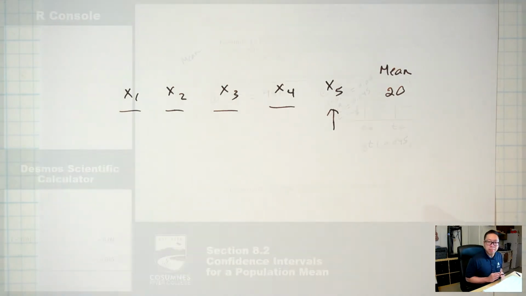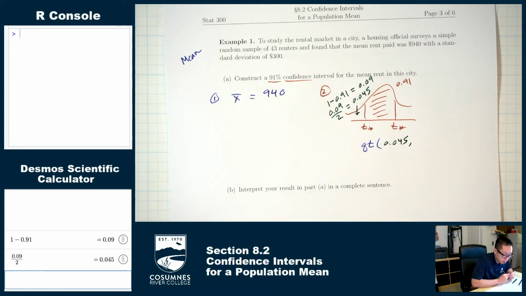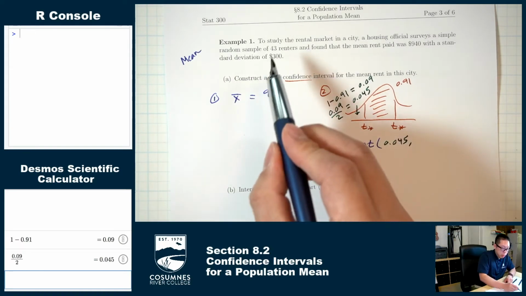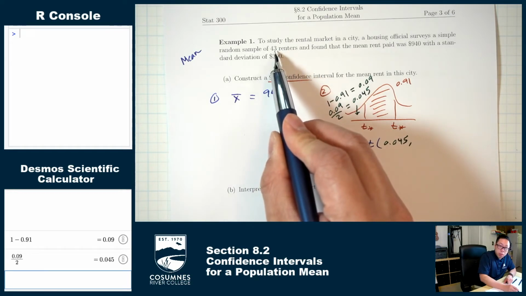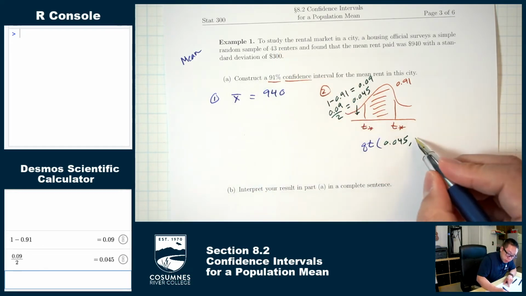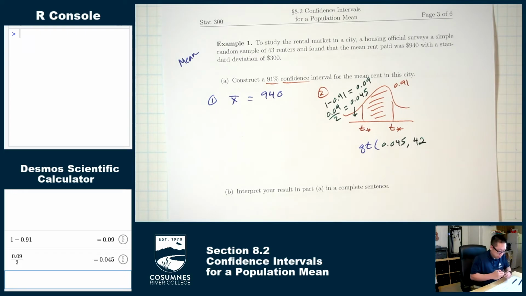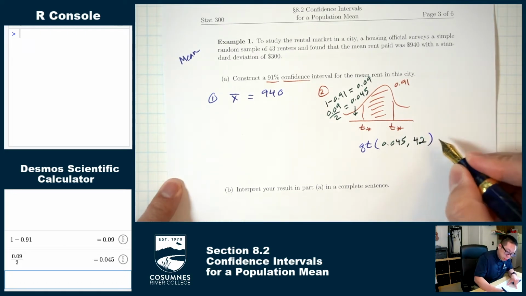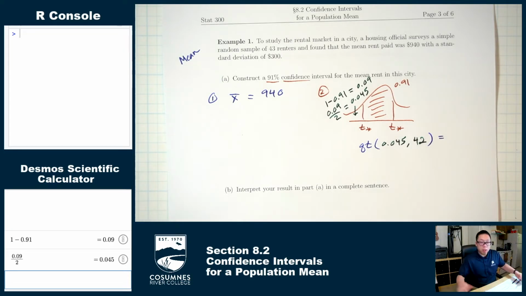Back to the problem. What is our sample size, and what is 1 less than it? Sample size is 43, so 1 less than that will be 42. All right, so we're going to do qt 0.045 comma 42.